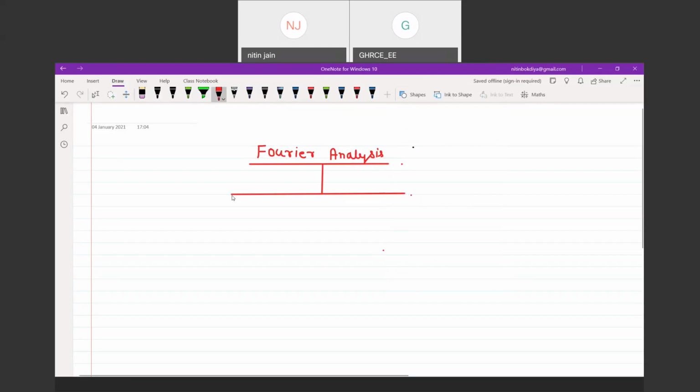The first one is the time domain approach, in which we can analyze a periodic function. If a function satisfies this property, x of t plus nT is equivalent to x of t, then we can write a Fourier series for this function.